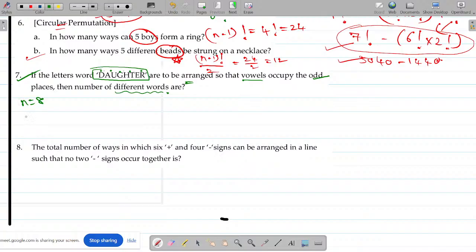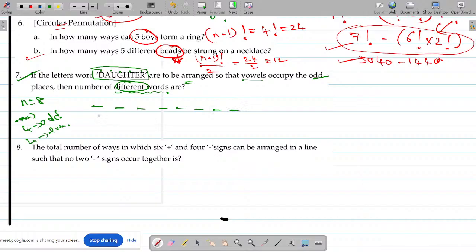Which means you'll have 4 odd numbered positions and 4 even numbered positions. You agree with me? Okay. There is no mention about how many letters there should be in the words, which means r is also 8. So you're going to form an 8-letter word.